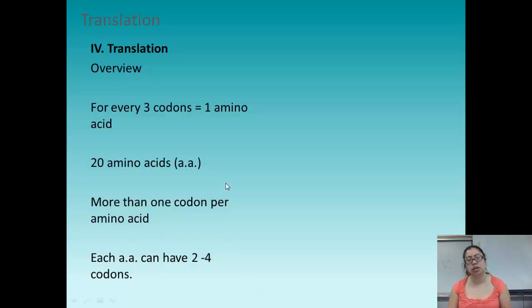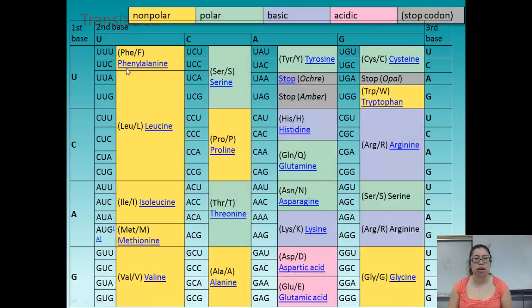Let's go back to the chart and see why. Over here, phenylalanine has 2 codons. Leucine, however, has 1, 2, 3, 4, 5, 6. Actually, more than 4. Leucine has the most. So leucine is probably a very important amino acid.